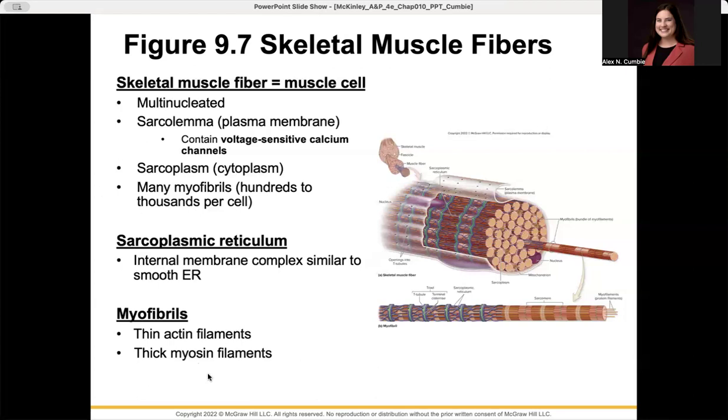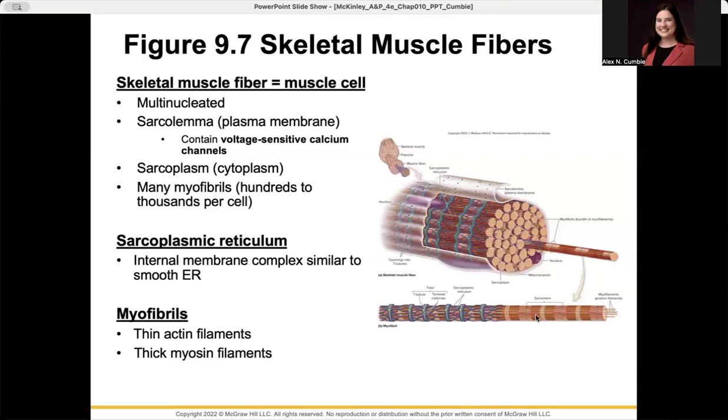So getting to these myofibrils, if we pull out an individual one, which is what you see here in this picture, there are different filaments present, which are going to glide across each other, either getting close together for a contraction of that muscle cell or getting farther away from each other when we relax that muscle cell.